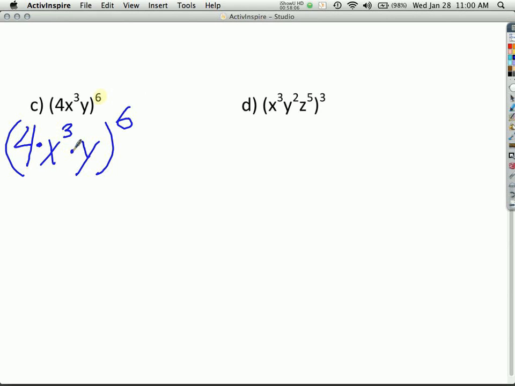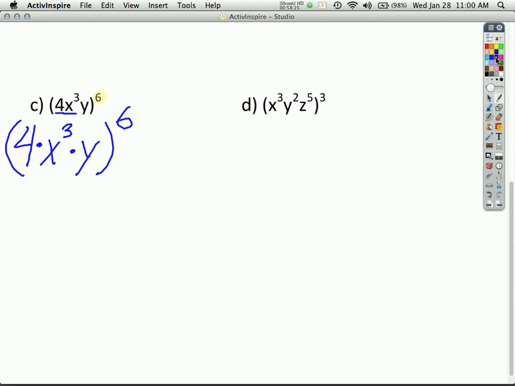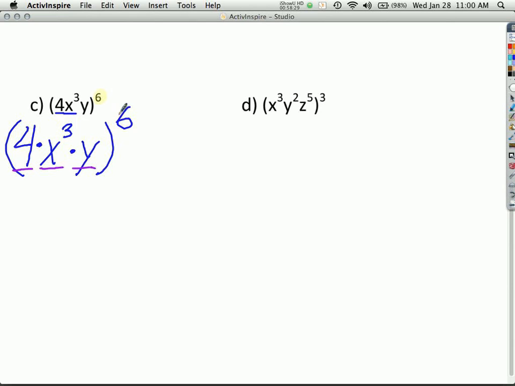Students, young people, older people, it doesn't matter, very often take the 4 and attach it to whatever letter is next to it. But you have to understand that the 4 is a factor, x to the 3rd is a factor, and y is a factor. There's 3 different factors. So we have to apply the exponent to this factor, to that factor, and to that one. It's going to come here, it's going to go here, and it's going to go here.